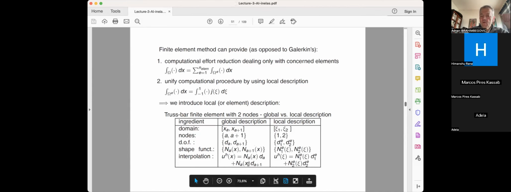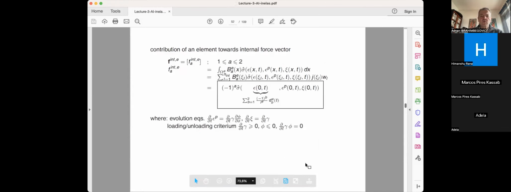So in the global point of view, the piece of displacement that I need for the piece of the domain, this interval typical of the element omega e, is NA of x times dA plus NA plus 1 of x times dA plus 1. And here it would be N1 d1 and N2 d2, both of them carrying the index e. That means element point of view.